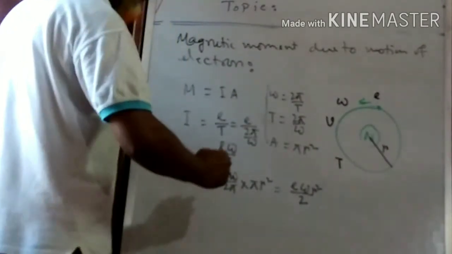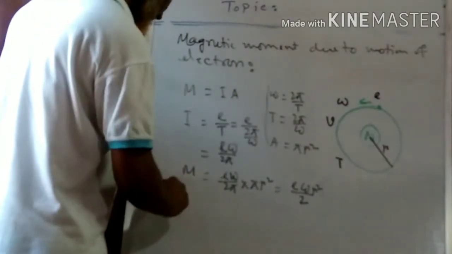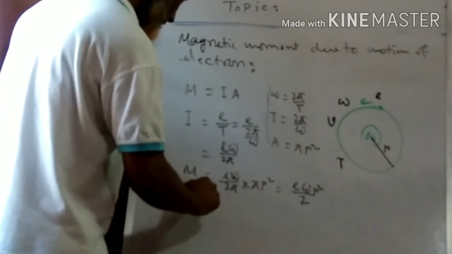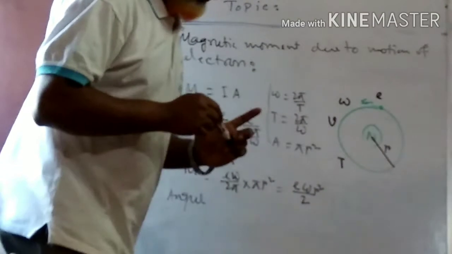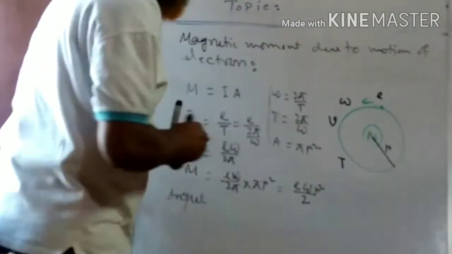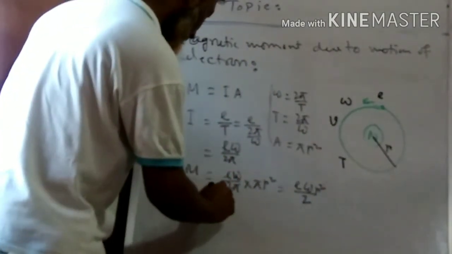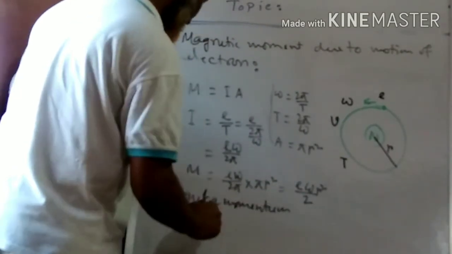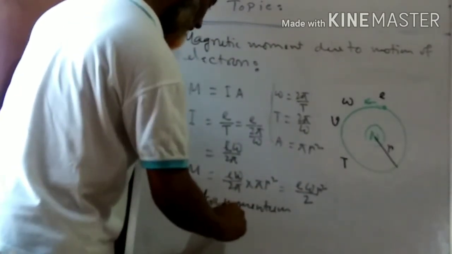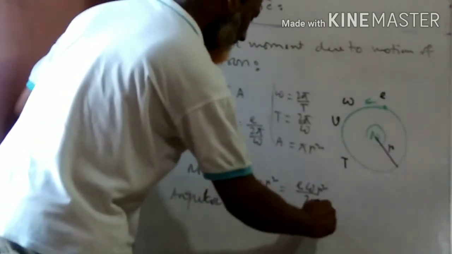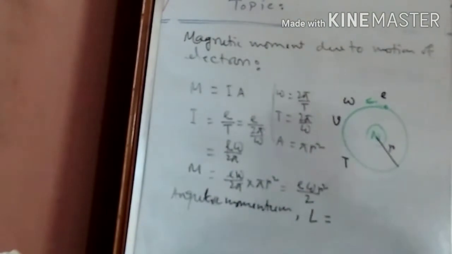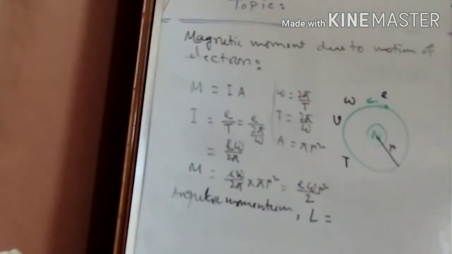Now angular momentum of the electron. L equals what? How much is the angular momentum?